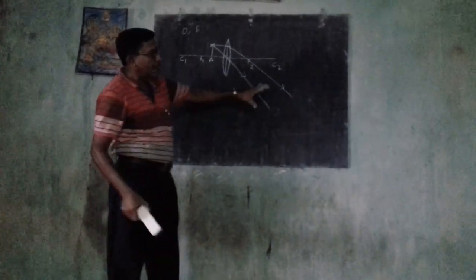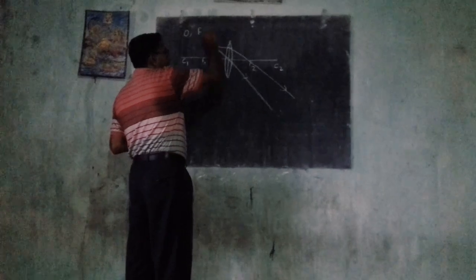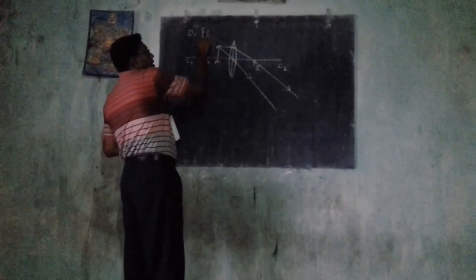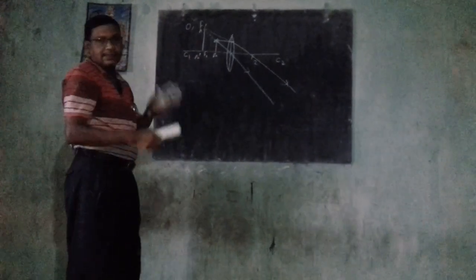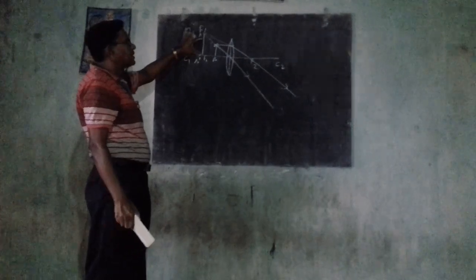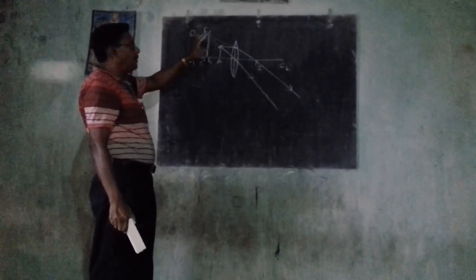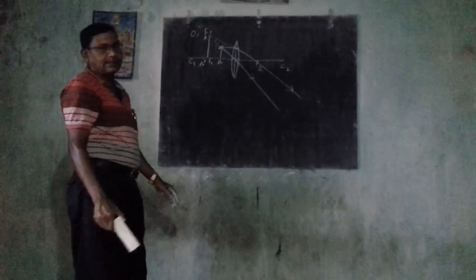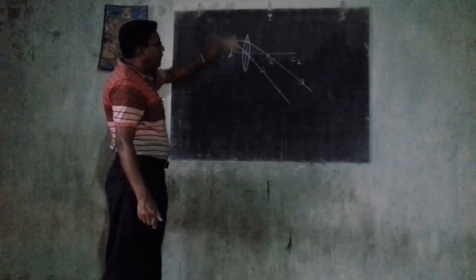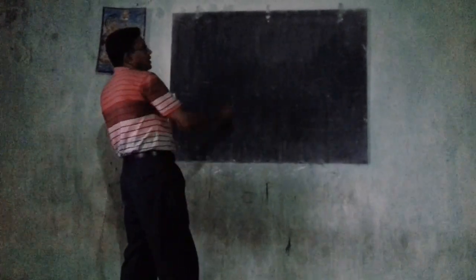Both rays diverge away from each other, such that both rays appear to come from the back side of the lens, and here the image A dash B dash forms. This image is virtual, erect and on the back side of the lens. Okay, this type we can find different images in the concave lens also.